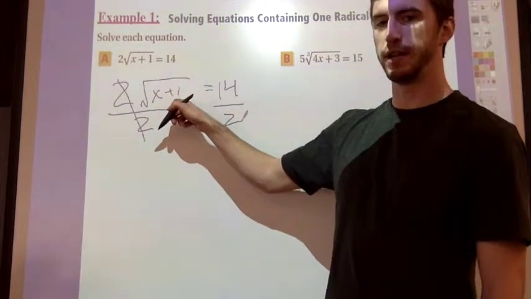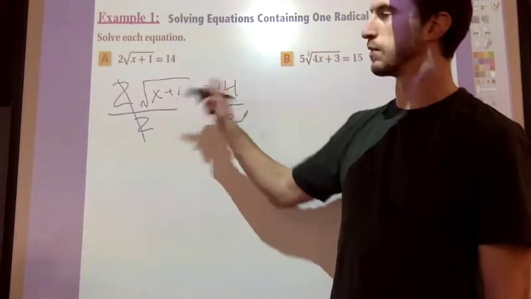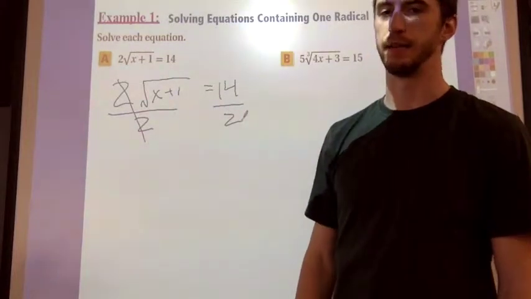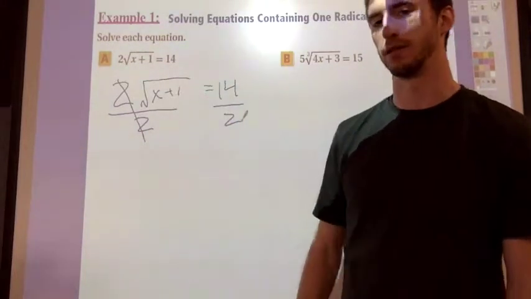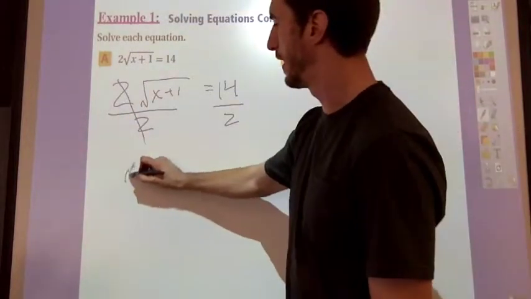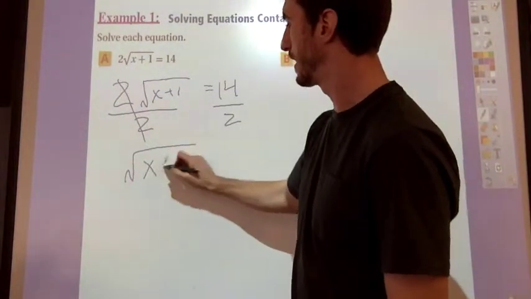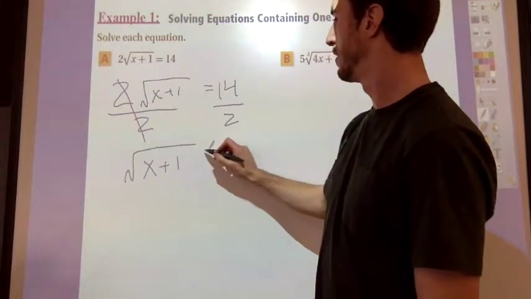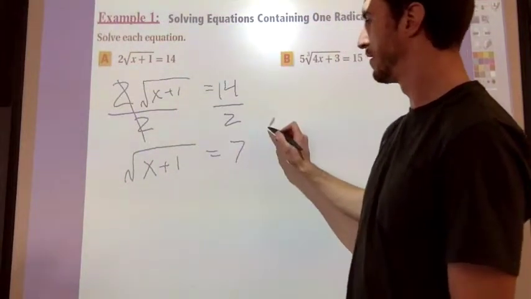There's a plus 1 here. I can't just subtract 1 from both sides and expect to get rid of it because that is underneath the radical. So we've got to take care of this stuff outside of the radical. And now I have square root of x plus 1 equals 7.